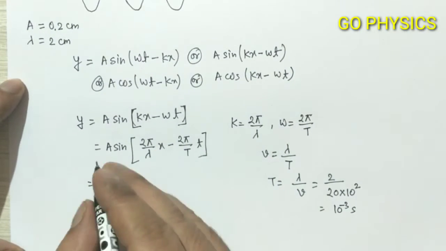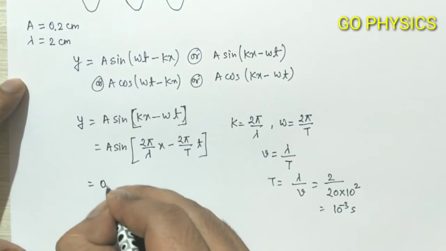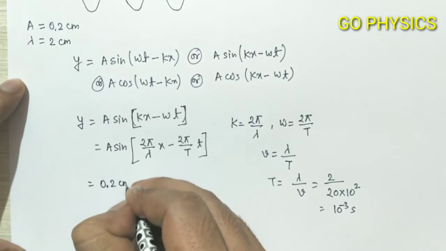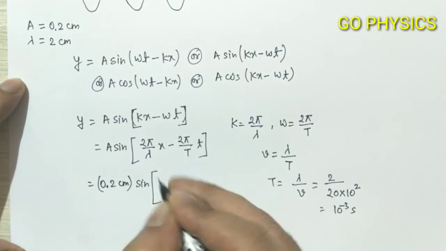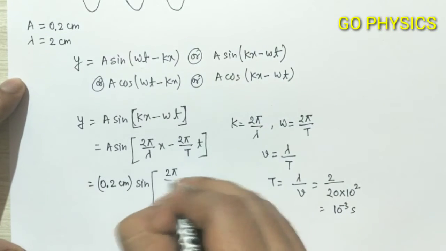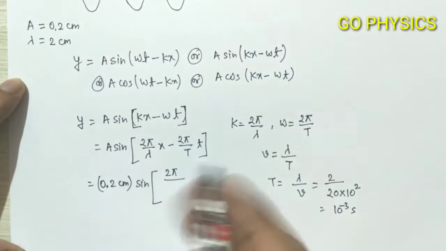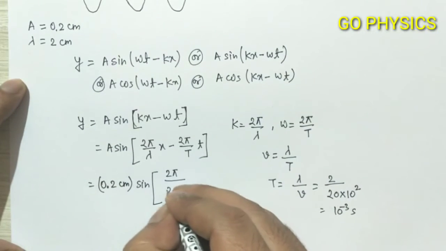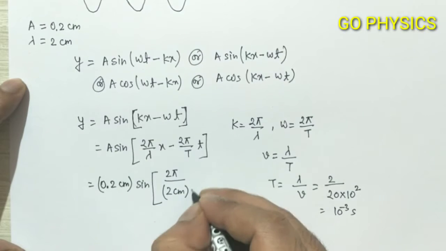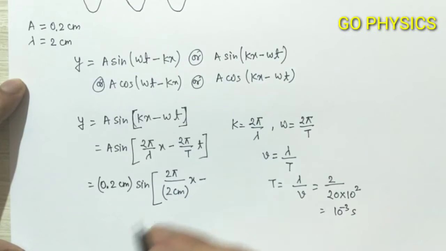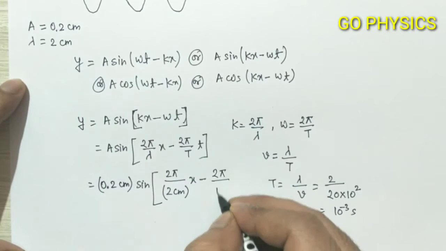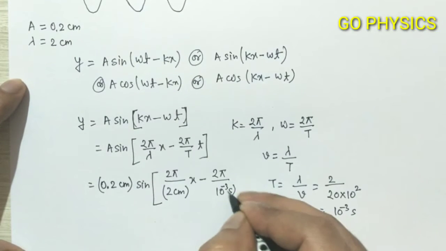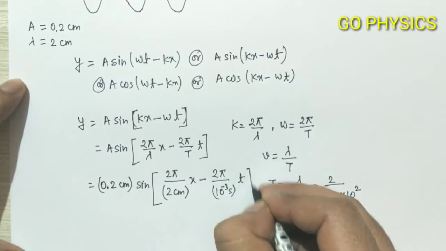Now substitute all the values. Amplitude is given as 0.2 centimeter, sin (2 pi by lambda, lambda is given 2 centimeter, x minus 2 pi by capital T, and capital T we got 10 to the power minus 3 second, into t).